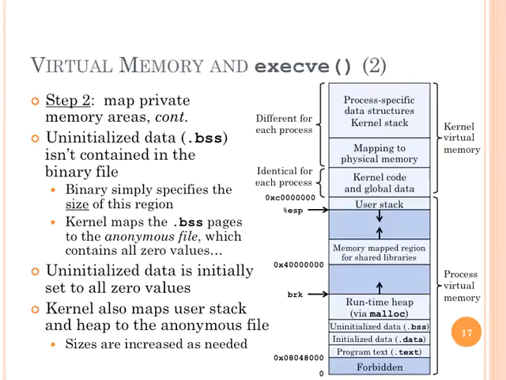Like, if it goes into the next page, that's probably okay. If it's 40 pages down from the top of the stack, it's probably a bug. And so the kernel will prevent certain things like that going on. So it has to keep track of the fact that the stack is growing down as opposed to growing up.